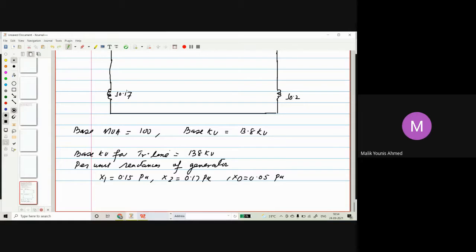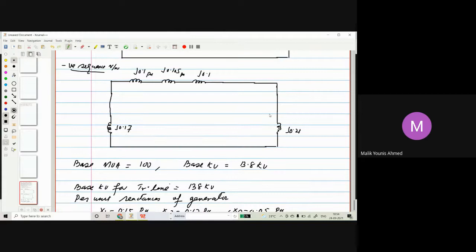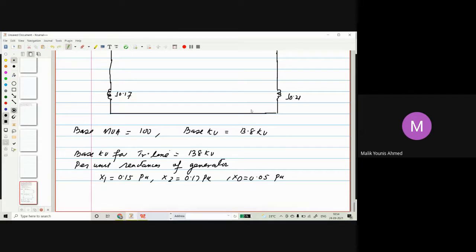Okay, I think the motor is the same. Just let me check. Yes, negative for the motor is 0.21. These are the values given in the numerical itself. So we have to change the values, and the other values will be the same for the negative sequence.